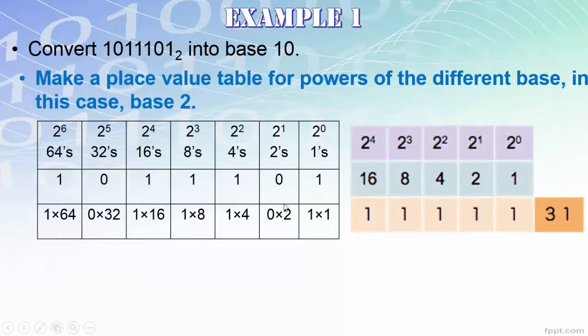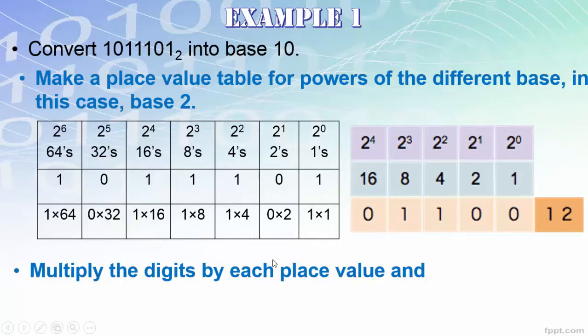Then we write in our number. So we have 1, 0, 1, 1, 1, 0, 1. And then we do our multiplication, because this is the 64 column, 1 times that. This is the 32s. There are no 32s, so that's 0. 16s, 1 times 16. 8s, 1 times 8. 4s, 1 times 4. 0 times 2, 1 times 1.